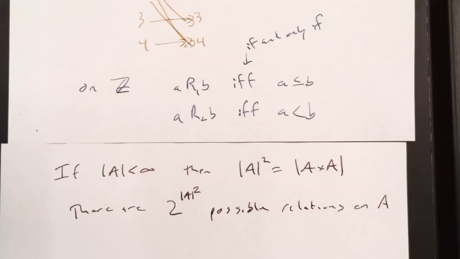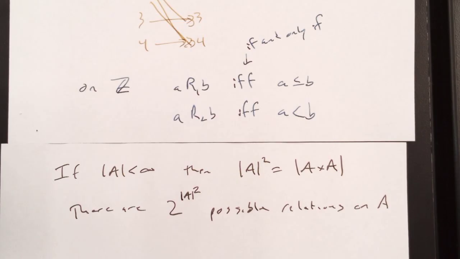If A only has 4 things in it, then there are 16 possible elements of the Cartesian product, 2 to the 16th, 65,536. It's a big number really quick. Right? I think that's right.